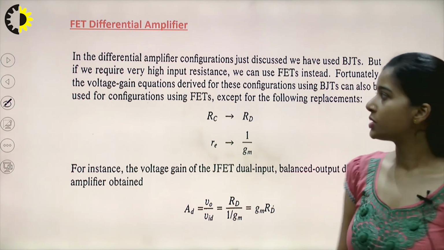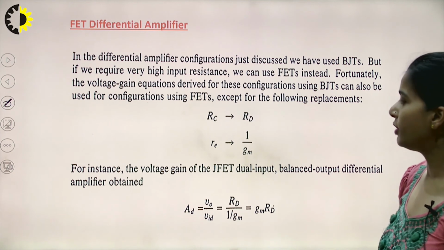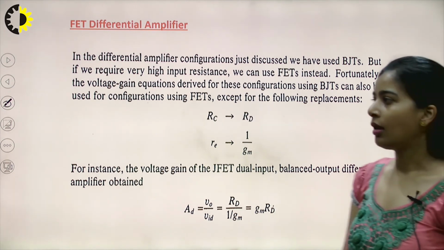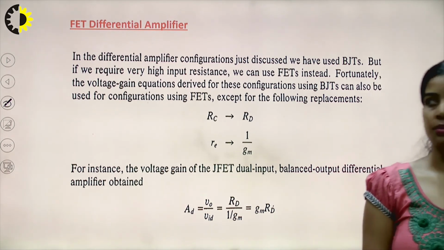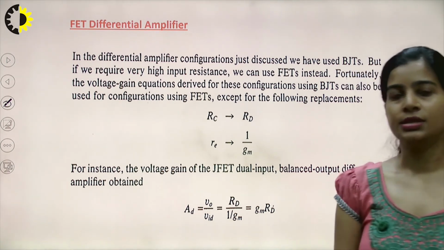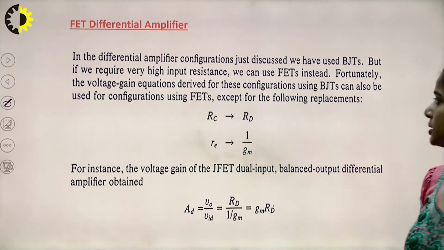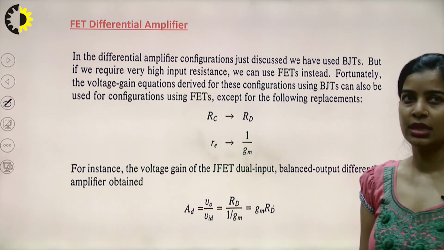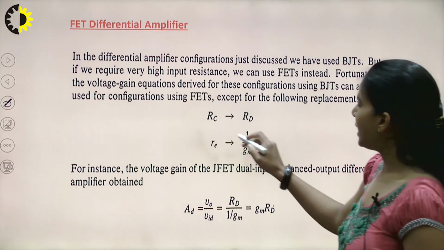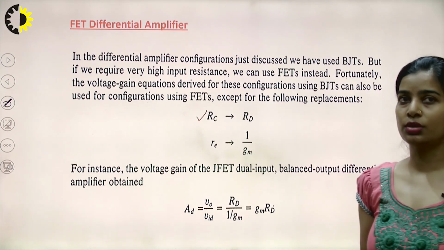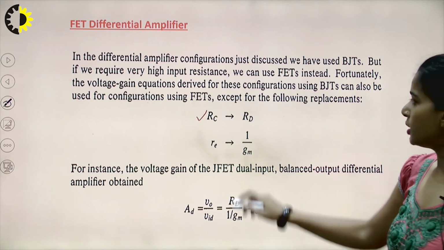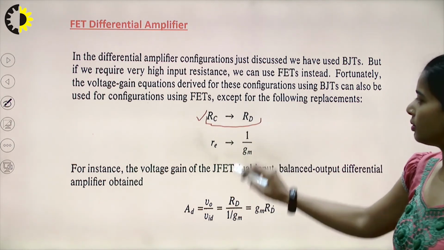In place of BJT, we can use FET, and the namings will also change, because with the FET the terminals are named drain, source, gate and substrate. So, that naming will change, and the collector resistance of BJT we can relate to the drain resistance of FET. So, RC is equal to RD.